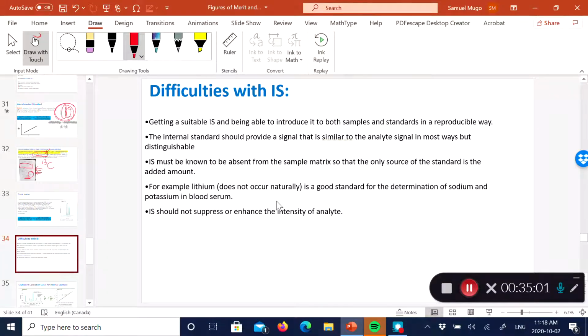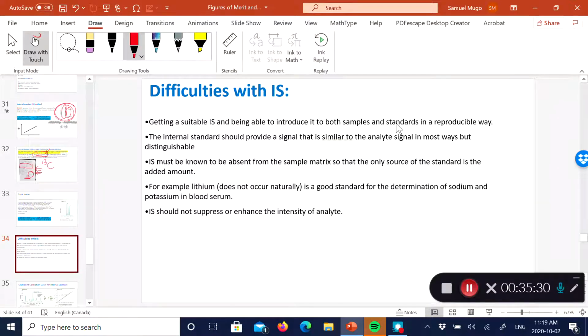Another big problem is to make sure that you introduce the internal standard reproducibly in both the analyte as well as the standards. And in most cases, you're spiking very little volumes. And so it's very difficult to reproducibly introduce the internal standard into the standard solutions as well as the unknown. And so that adds a little bit of an error.